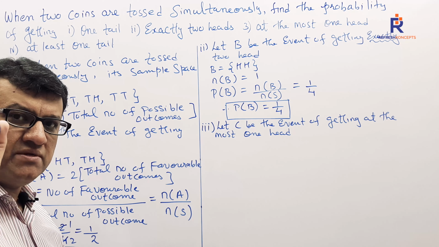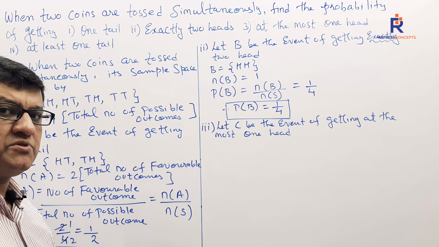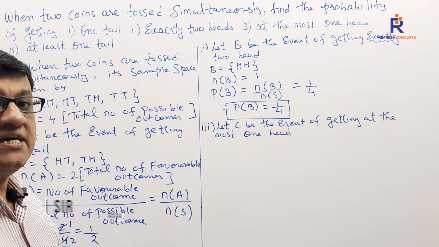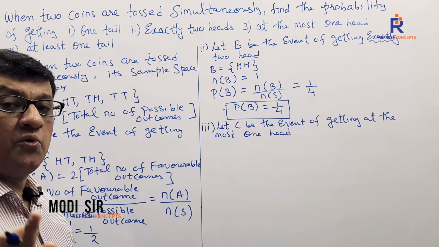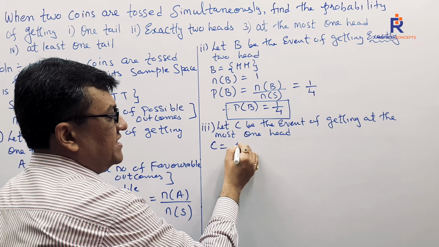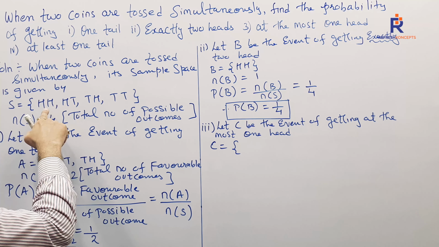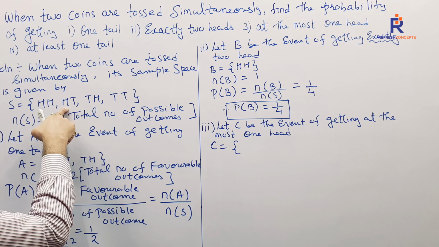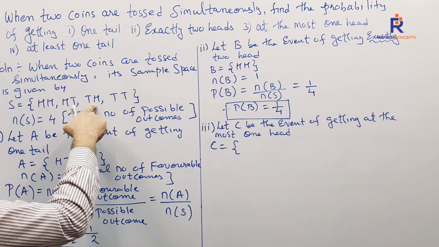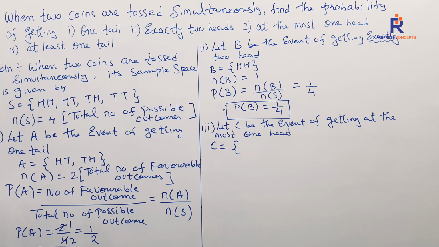Can I say minimum to minimum, 0 heads is okay? 0 heads will also do. Maximum is what we need, 1 head, which means even 0 heads will do. So what are the sample points coming in this event? Maximum 1 head, so from the sample space, HT will come, TH will come, and even 0 heads will do, so TT will also come.